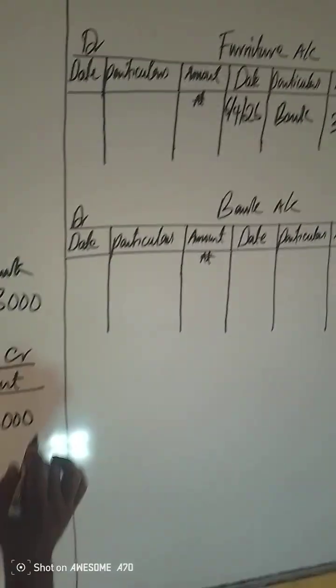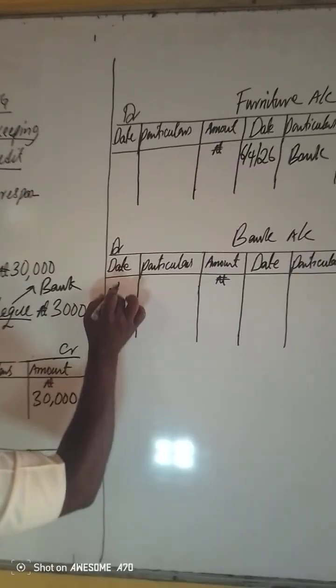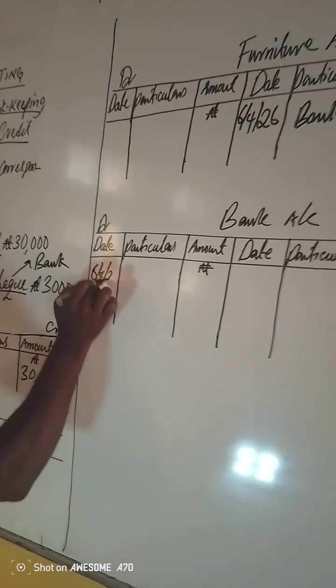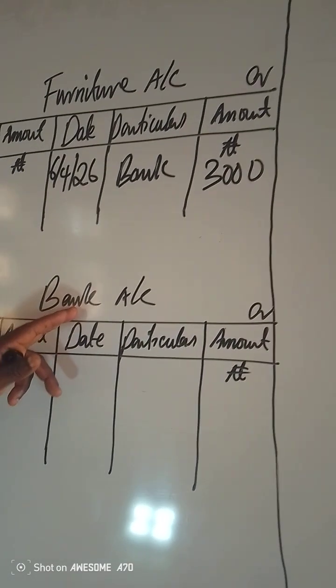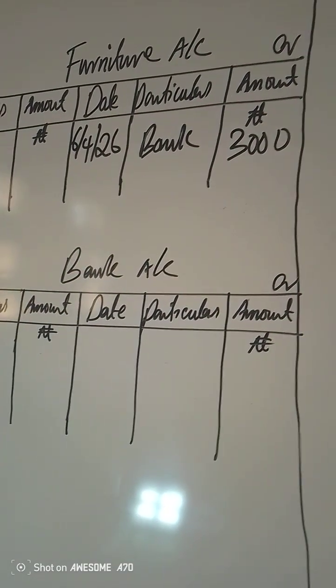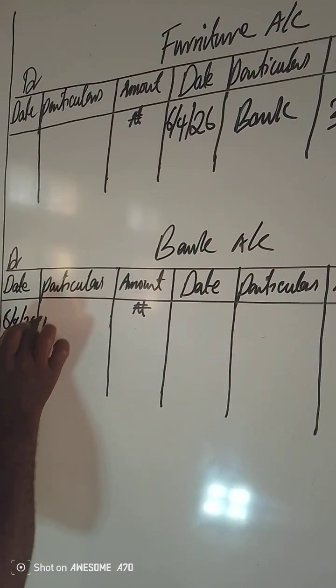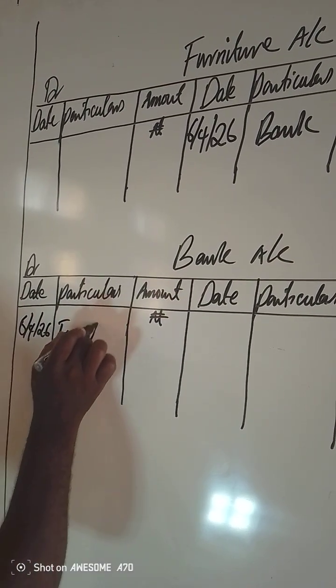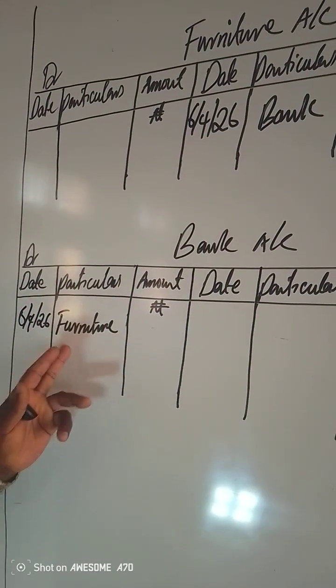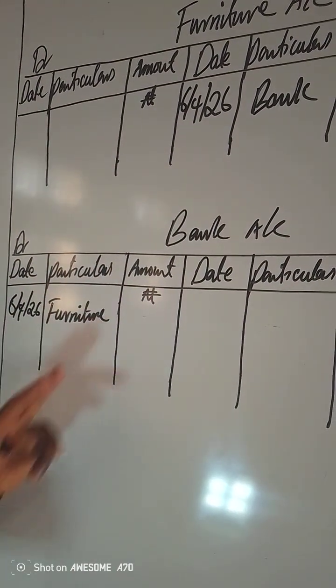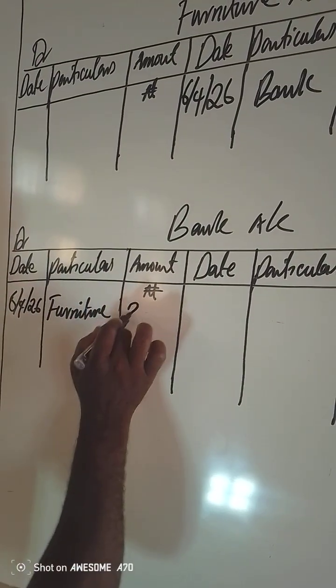On this same day, which is 6 of 4, 26, the receiver account, which is bank, is receiving money from the furniture that was sold. Then in this case, furniture is the particular as a receiver. Then bank receives money through the sale of furniture, and the amount is 3,000.